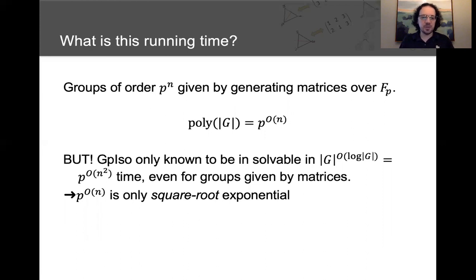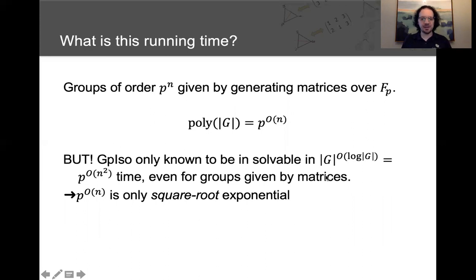First, group isomorphism in this class, as I mentioned before, in the worst case is still only known to be solvable in g to the log g time, which is like p to the n squared time, even when the groups are given by matrices. And so this running time, polynomial in the order of g, or p to the o of n, is really negligible compared to the running time of the best known isomorphism algorithms.